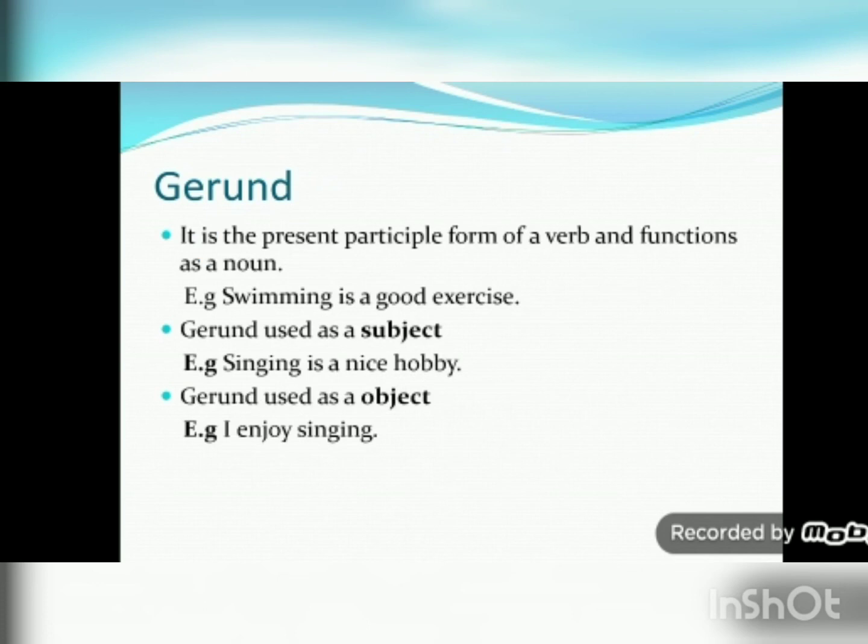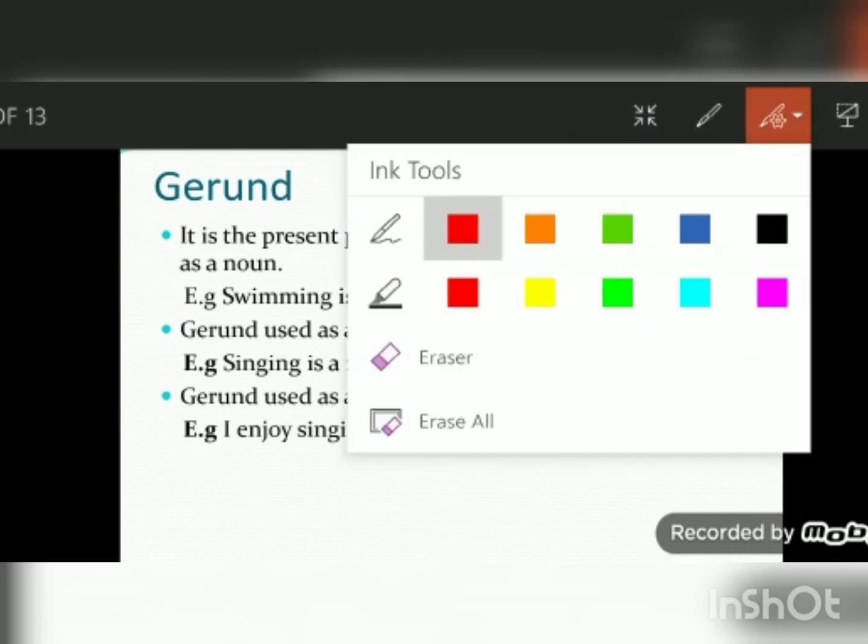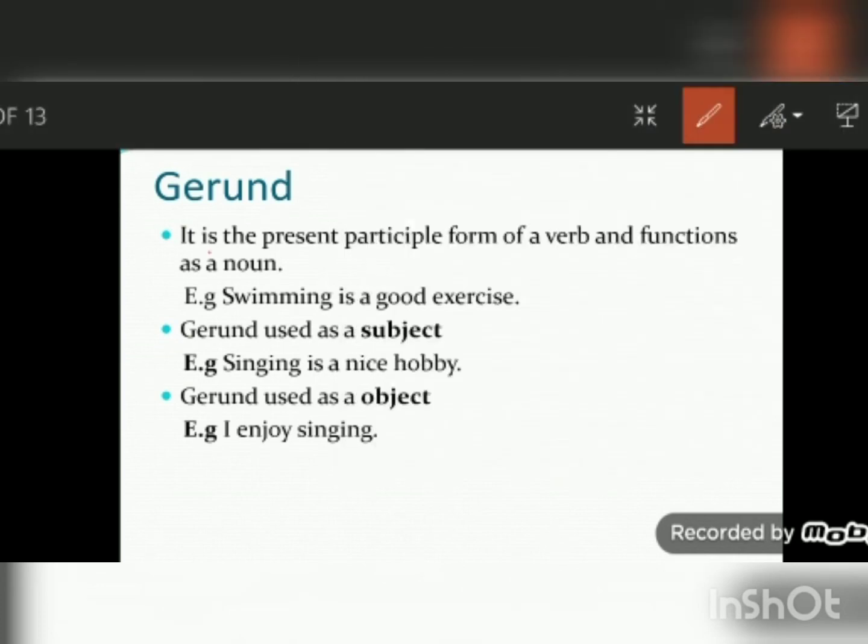This is the last one, that is gerund. Gerund is also a non-finite verb. So gerund is the present participle form of a verb and functions as a noun. We read that participles can function as verb or as adjectives.